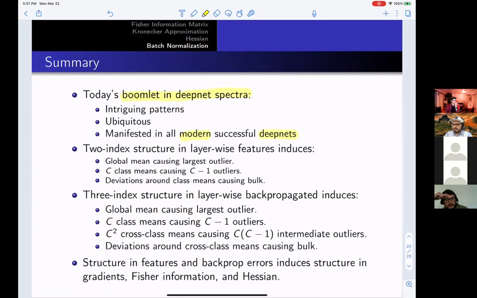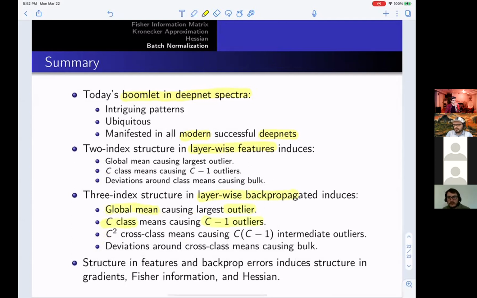We saw that there is a two-index structure in the layer-wise features, where the global mean in the features causes the largest outlier. The C class means cause the C-1 outliers, and there was a deviation around the means, which caused the bulk. There was a three-index structure in the layer-wise backprop errors. We saw that there is a global mean, which was creating the outliers.